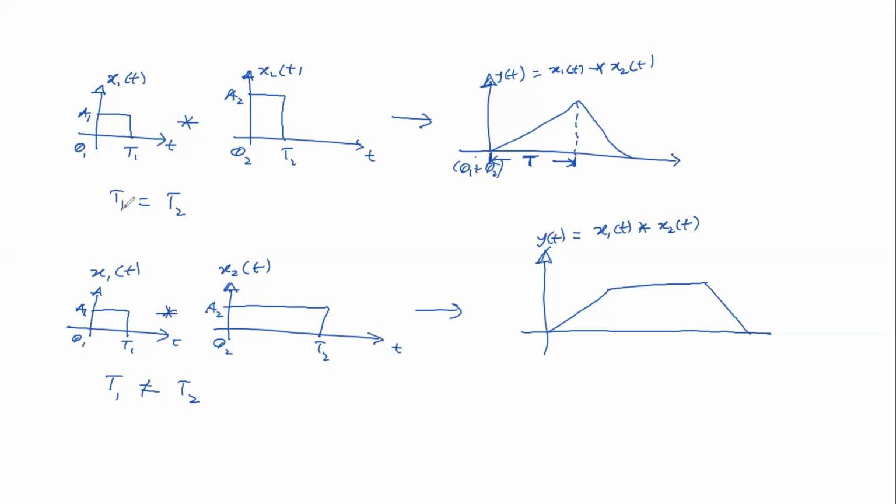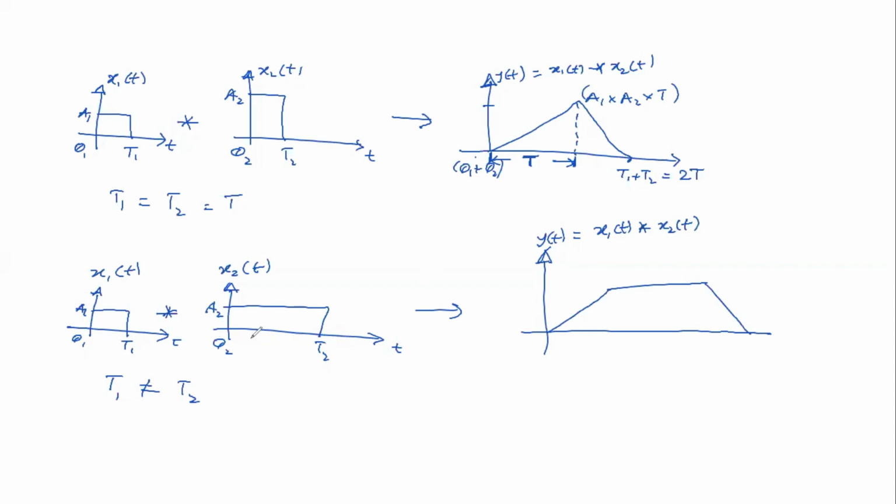It's t because they are equal. Then this other point will be the same as t1 plus t2, which will be twice t, right? And then the amplitude will be A1 times A2 times t. So that will give us the amplitude value. Okay, that's how you evaluate this.